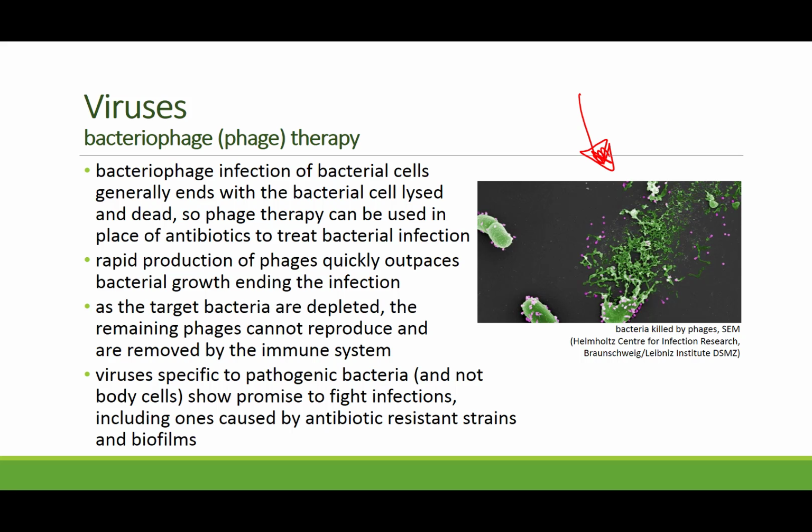So we can very quickly outpace bacterial production with all of the phages being produced by the dying bacterial cells. And then as the target bacteria become depleted in the body, the remaining phages won't have anything to reproduce on, and the immune system just removes them from the body.